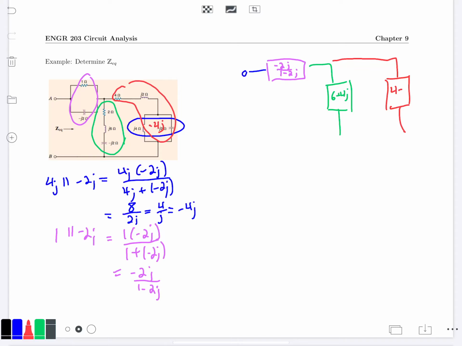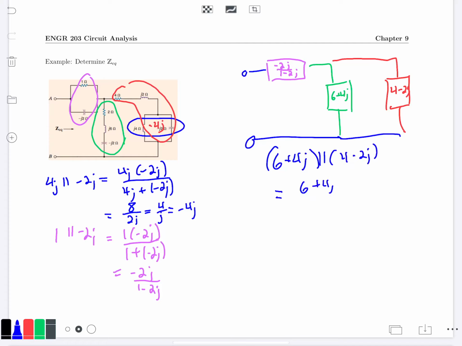That'll be a 4 minus 2J. Combine these together. Then we see we have the green and red in parallel. So that's going to be 6 plus 4J in parallel with a 4 minus 2J. So that's going to be 6 plus 4J times 4 minus 2J over 6 plus 4J plus 4 minus 2J.